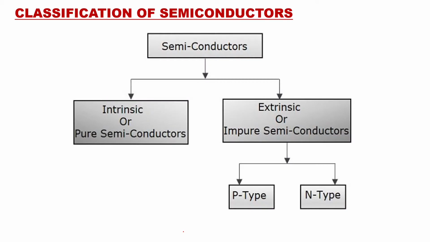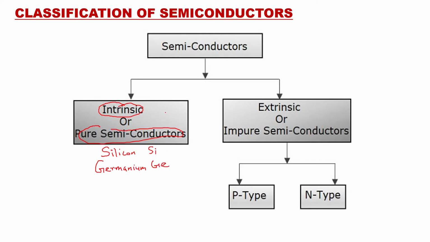Then we'll see the classification of semiconductors. Semiconductors can be classified as intrinsic semiconductor, which is also called a pure semiconductor, and examples are silicon and germanium.